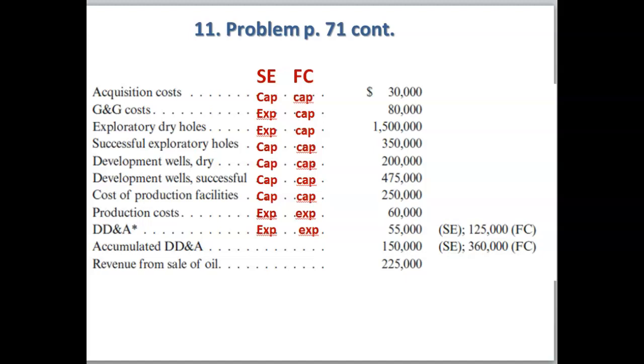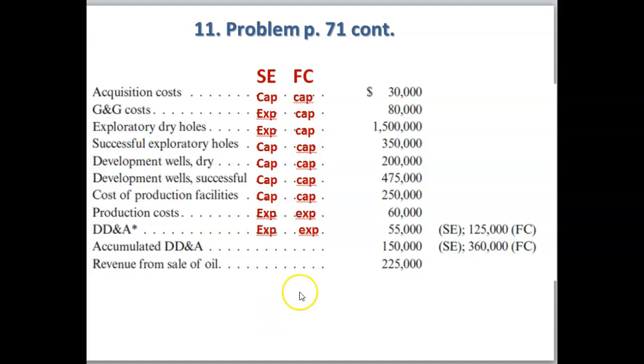For our exploratory wells, if it's dry, it's expensed for successful efforts and capitalized under full cost. If it's successful, it's capitalized under both methods. Our developmental wells are going to be capitalized under both methods for both dry and successful wells. Production facilities are going to be capitalized. Our production costs are going to be expensed under both methods, and our DD&A is going to be expensed.